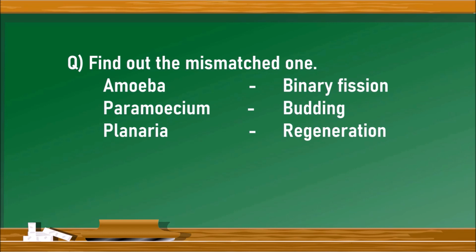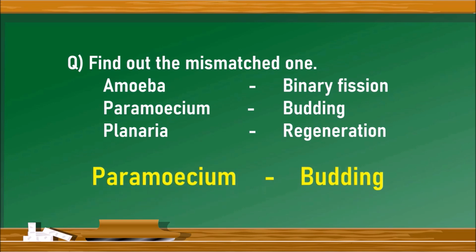Amoeba undergoes binary fission. This is the right pair. Planaria undergoes regeneration. This is also the right pair. But budding does not occur in paramecium. The examples for budding are yeast, hydra, etc.